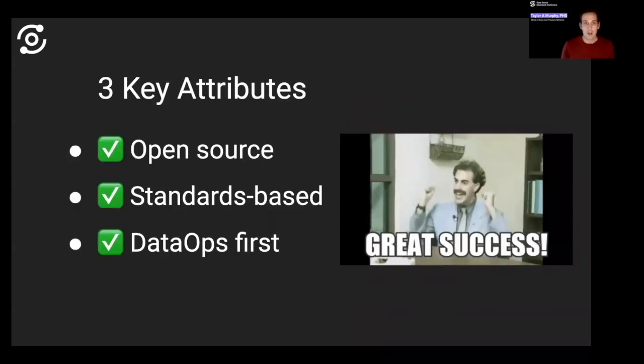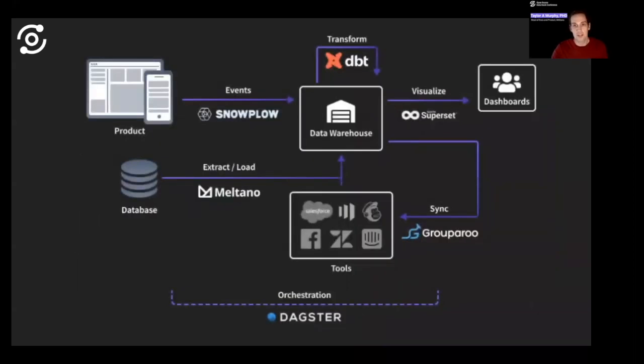Okay, so these are really the three key attributes for affecting a positive outcome when you're making a tooling decision: open source, standards-based, and DataOps first, because all of this is feeding into the data product.